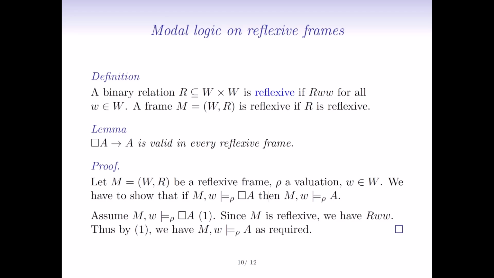So there's a very simple proof here that the formula box A implies A is valid in every reflexive frame. And as an exercise, you may like trying to show, with a slightly different proof but a similar flavor, that the formula A implies diamond A is also valid in every reflexive frame.